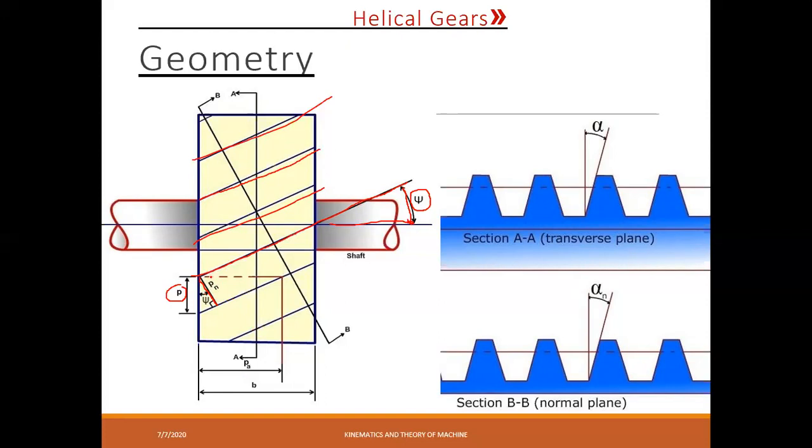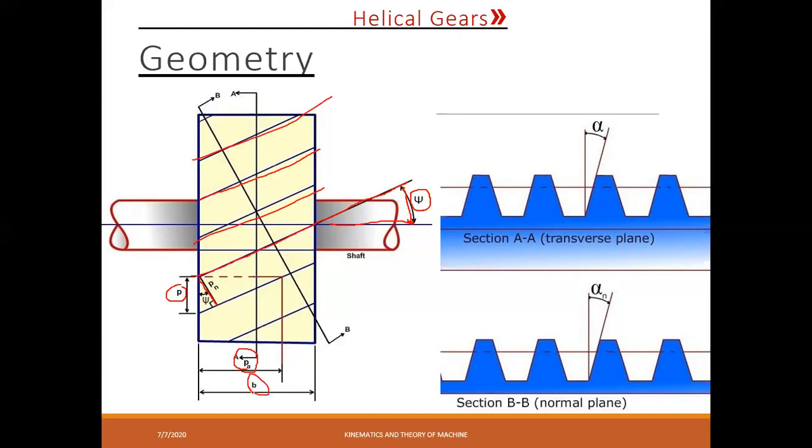Also, the horizontal distance between two consecutive teeth is called the axial pitch, and the thickness of the teeth is b.